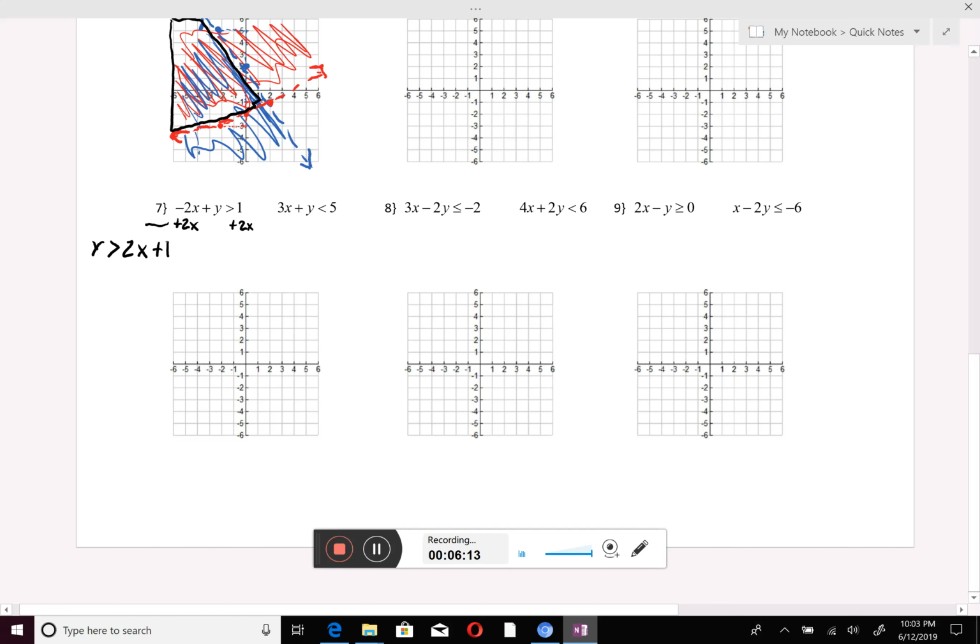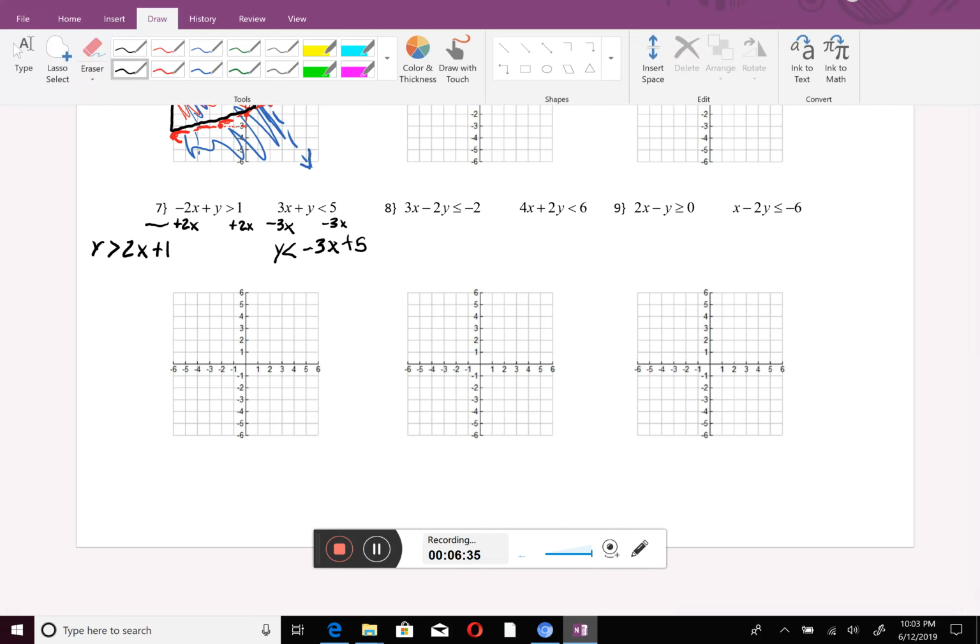And for this second equation, I'll subtract the 3x to the other side, and I'll be left with y is less than negative 3x. And since that 5 is positive, it's plus 5. And now I can go ahead and graph these.